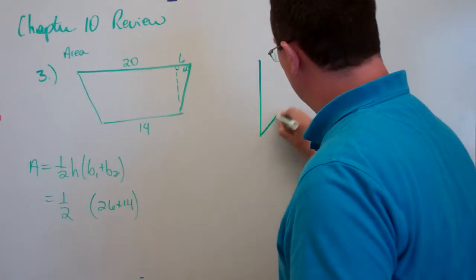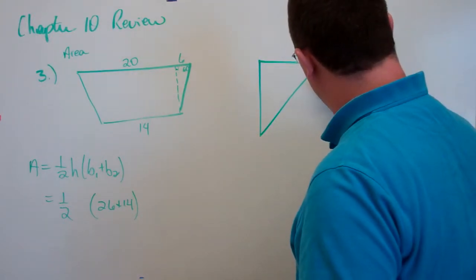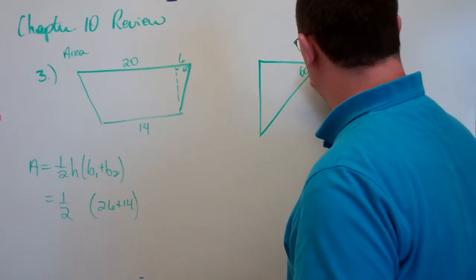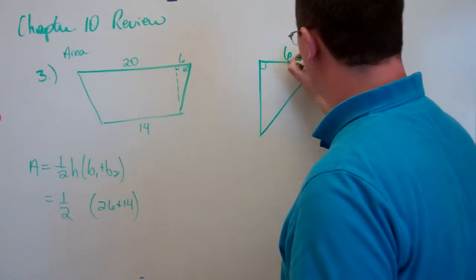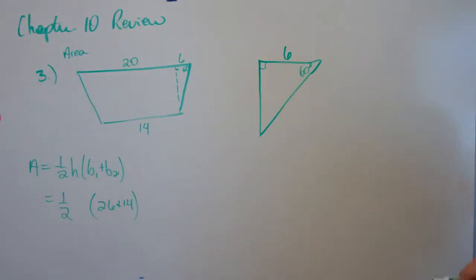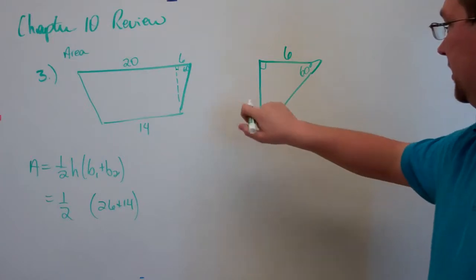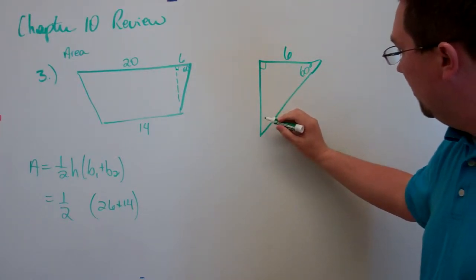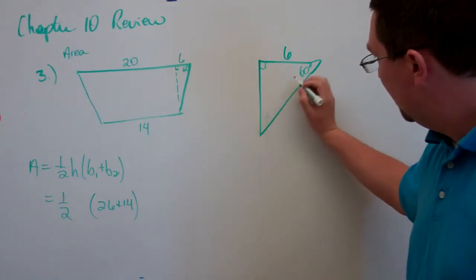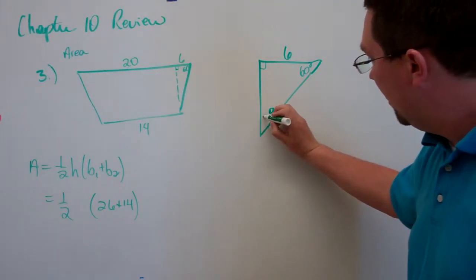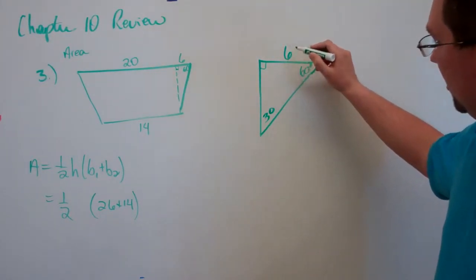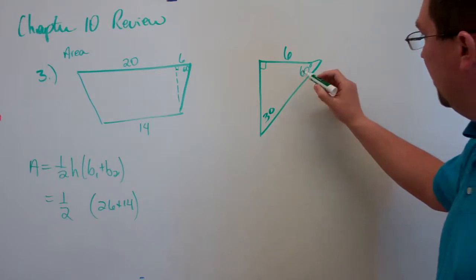Alright, let me blow that up a little bit. So this is 60 degrees. Here's our right angle. We know this is 6. Alright? So now we're going to find out what side this is. Since this angle is 60, we know this angle is 30. And so the 6 is the S in the ratio.